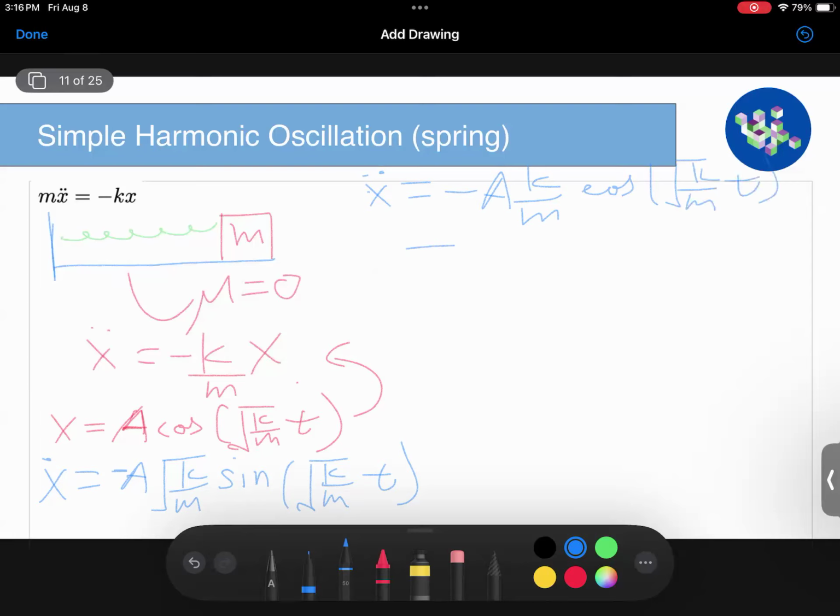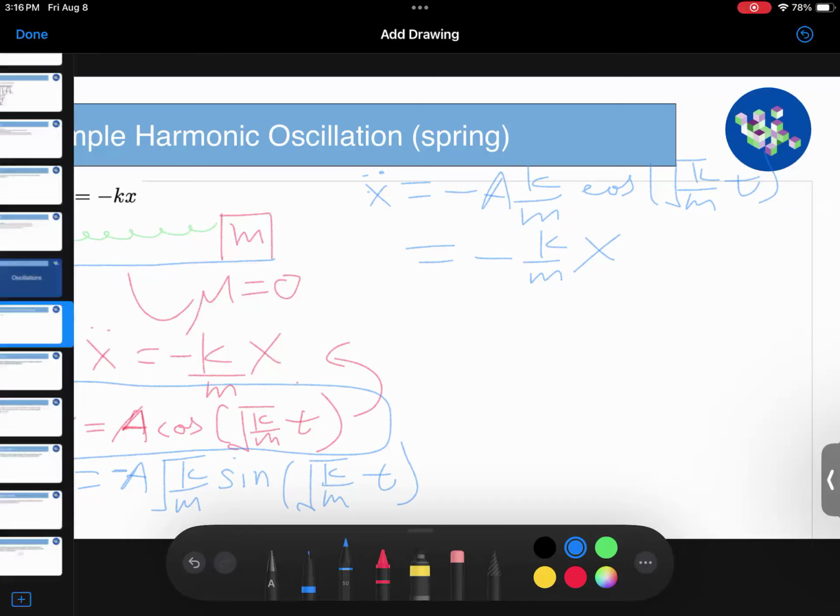And look at that, that equals negative k over m times x. So this expression for x satisfies our F equals ma differential equation. So this should be our solution.